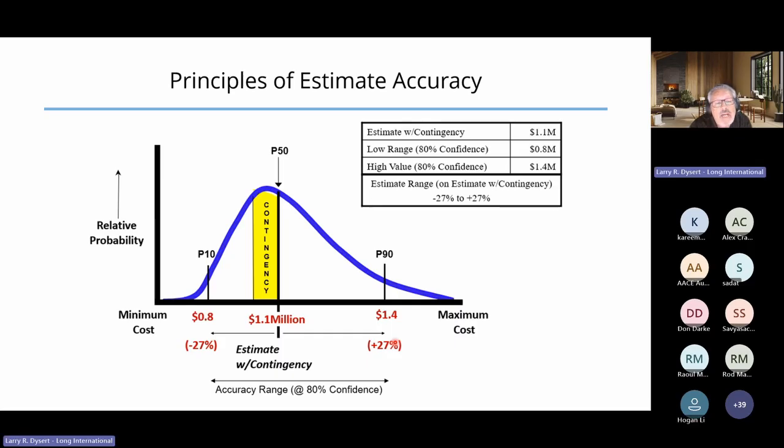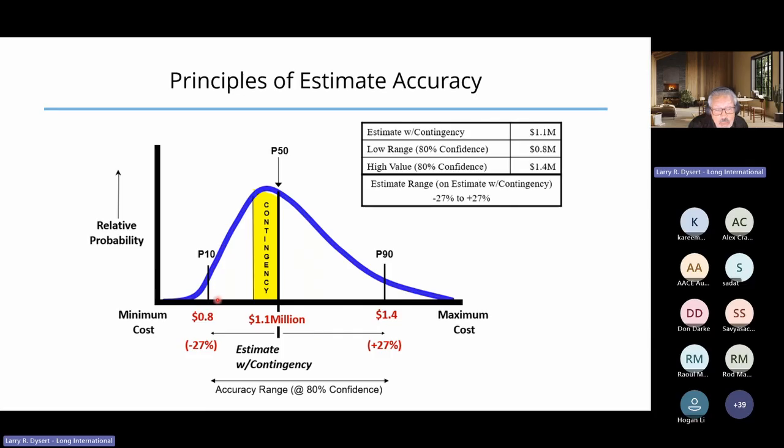We have to be very careful when we talk about estimate accuracy in terms of percent, because we not only have to describe which number it's around, our selected funding value or our point estimate, but we should also describe the confidence interval associated with those percents.